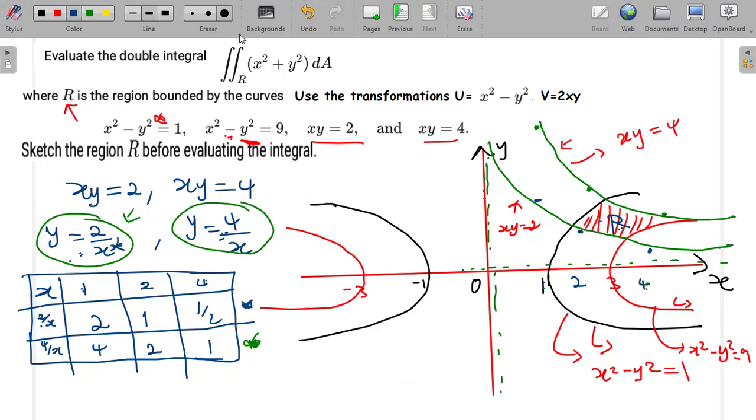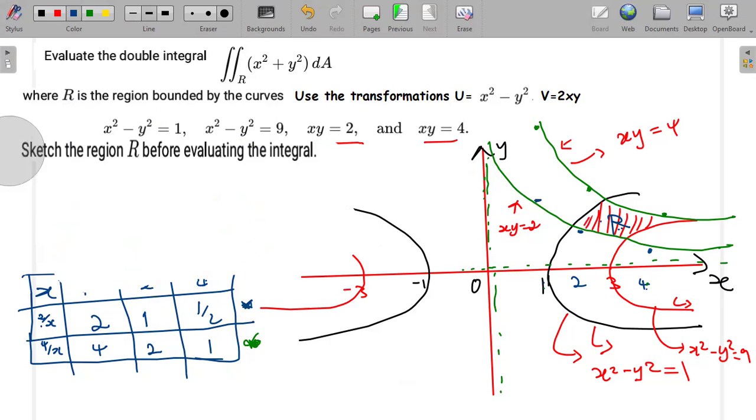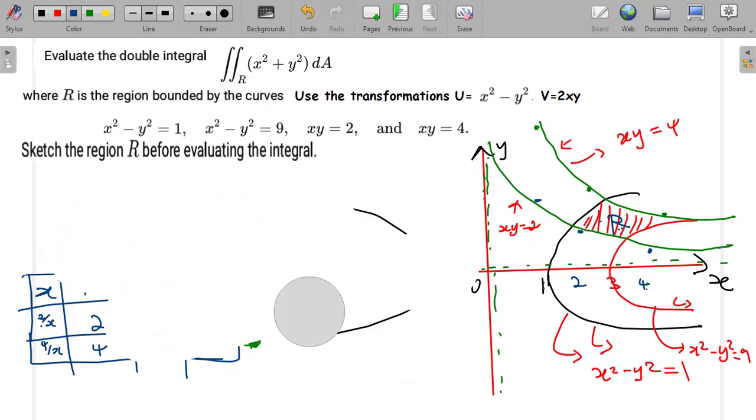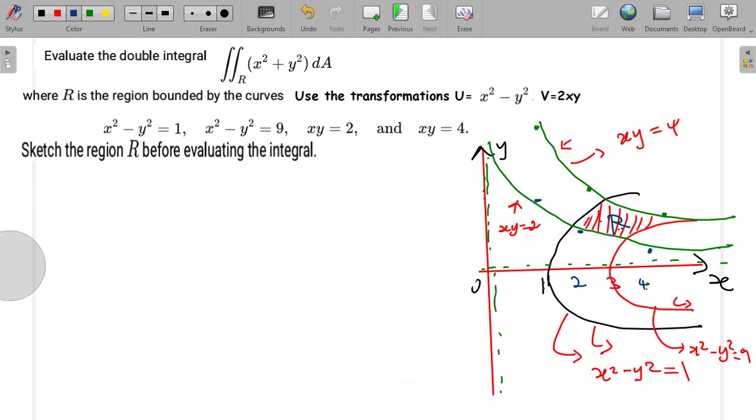Okay, so now let's work with the transformations that we've been given there. They have said to use the transformation u equals x squared minus y squared and v equals 2xy. So that's what we are going to do. The first thing, since we are changing the variable, is that we have to find the Jacobian.